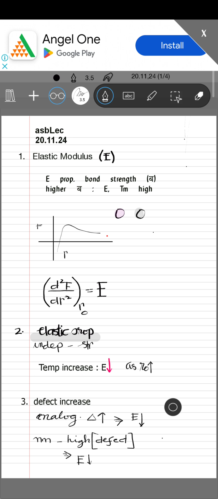Now, nanomaterials usually have high defects. By high defects, we mean that the intercrystalline regions, the IC regions, that is the triple junctions, grain boundaries, and quadruple nodes, are high. So this is from the previous understanding. This will cause a decrease in elastic modulus.